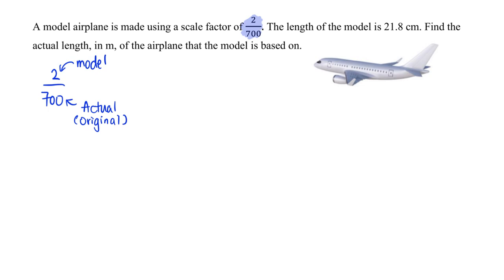So how then can we find the actual length? Okay, so this is a really important thing because this tells me that the model is 2 units, and these 2 units represent 21.8 cm. Yeah? So I could actually use this method. And after which, I just need to find 700 units later, because that is what is represented by the actual length.